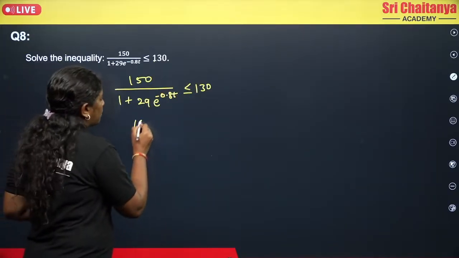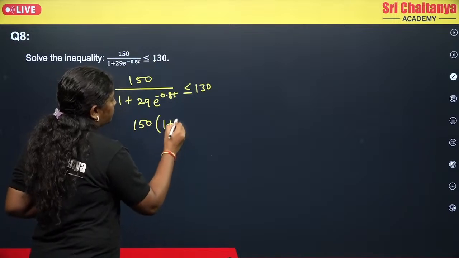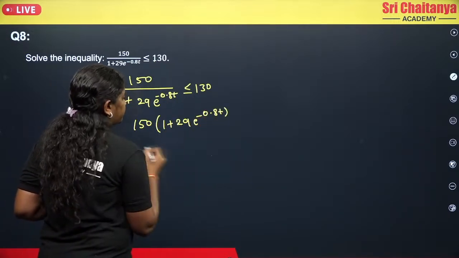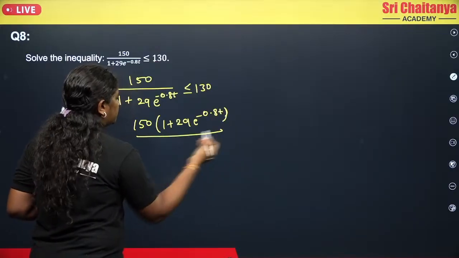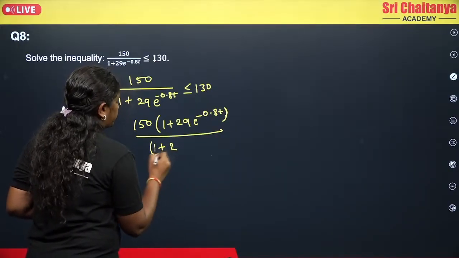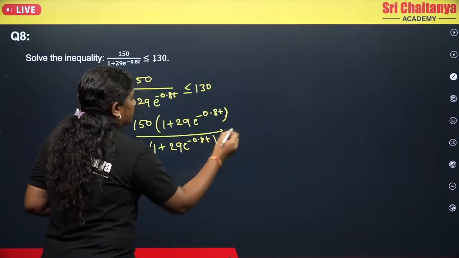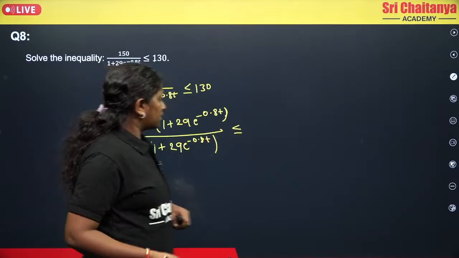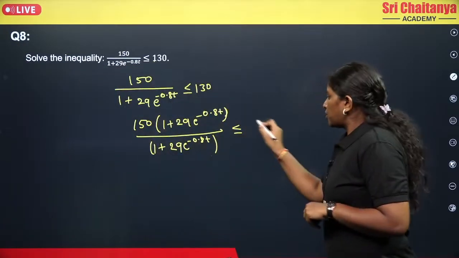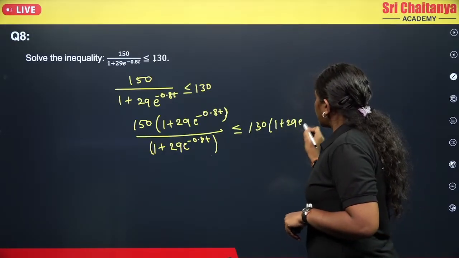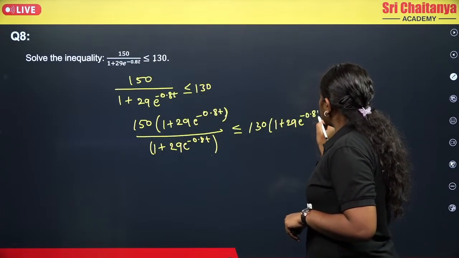So that becomes 150 into 1 plus 29 e to the power minus 0.8t, by 1 plus 29 e to the power minus 0.8t, less than or equals to 130 multiplied by 1 plus 29 e to the power minus 0.8t.